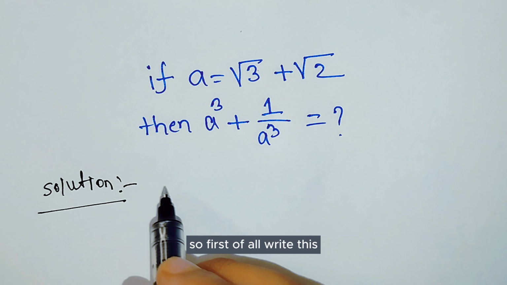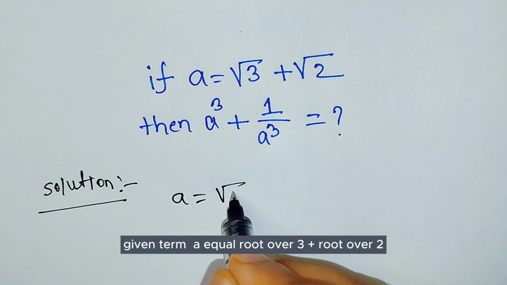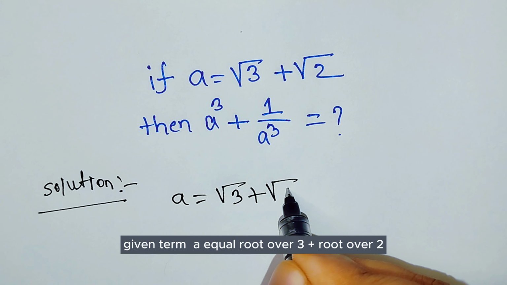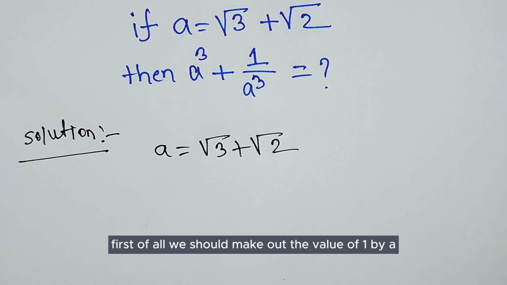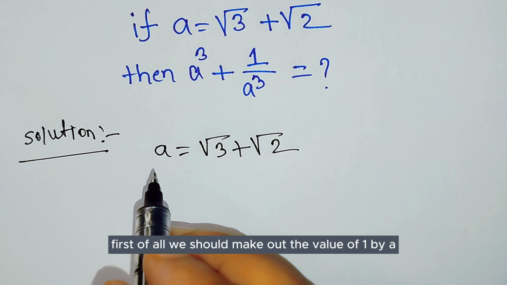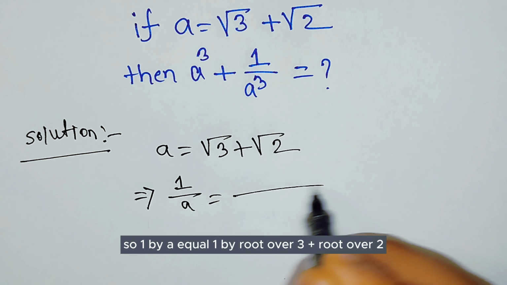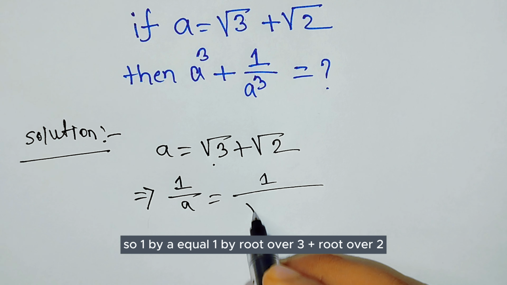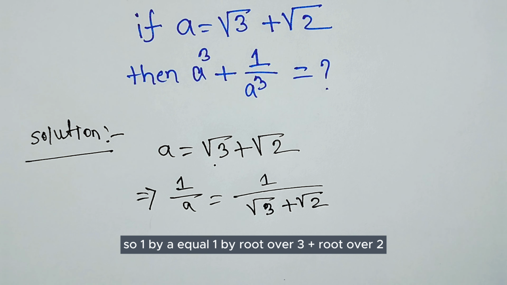First of all, write the given term: a equals root 3 plus root 2. First of all, we should find the value of 1 by a. So 1 by a equals 1 by (root 3 plus root 2).